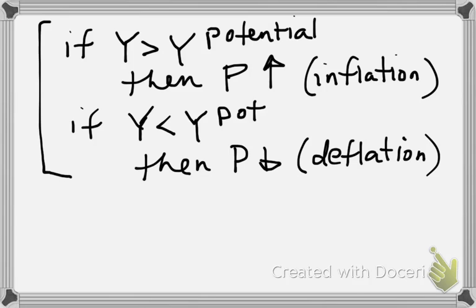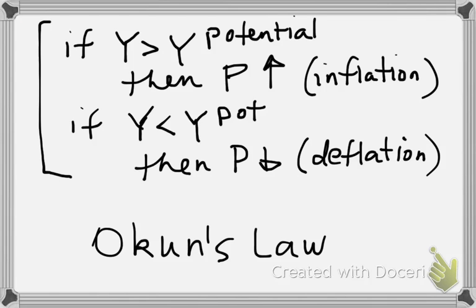And the story that we tell about that is that when GDP is above potential, by Okun's law, that means that there's low unemployment. Okun's law tells us that there's a pretty tight relationship between GDP and unemployment. So the higher is GDP, the lower is unemployment.